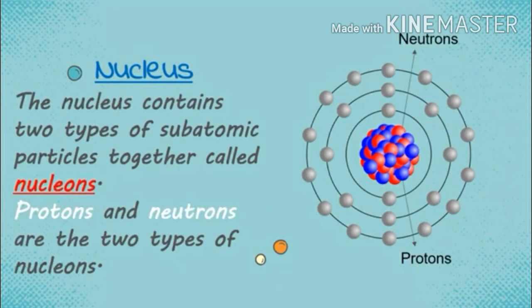The nucleus contains 2 types of subatomic particles together called nucleons. Protons and neutrons are the 2 types of nucleons. So, in the nucleus, which particles are present? Subatomic particles, nucleons, and these are protons and neutrons.